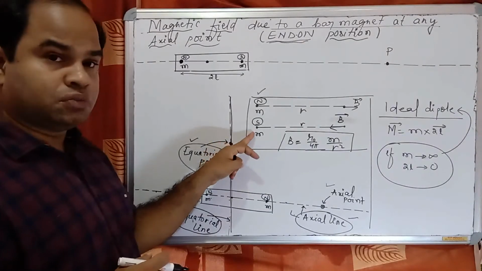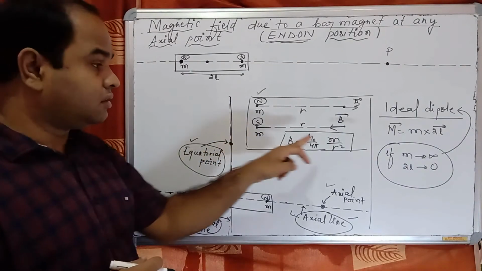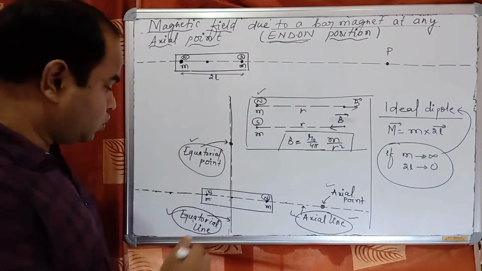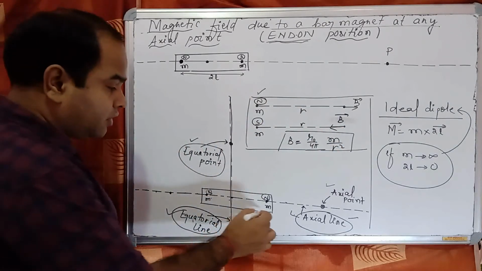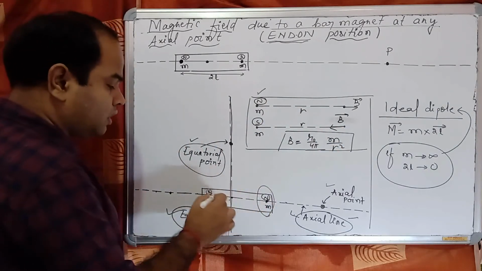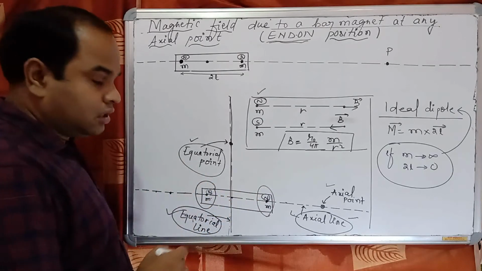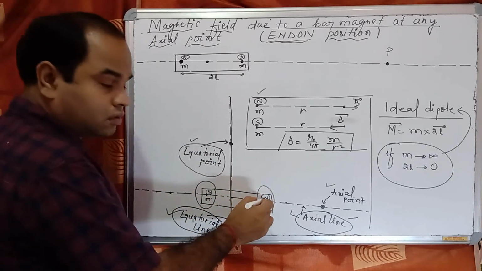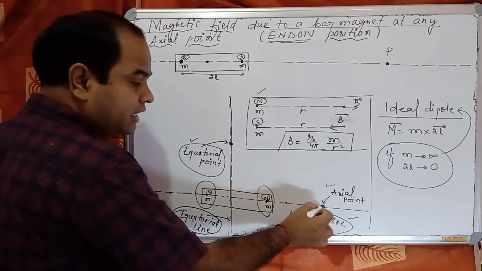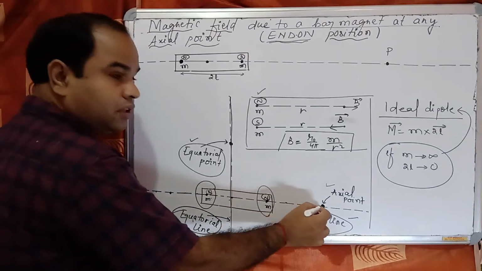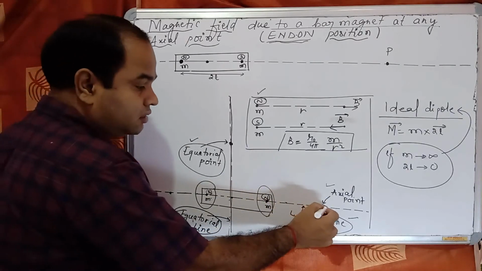If there is a south pole, it will produce a magnetic field that is inward in nature. So in this bar magnet we have two poles, north and south. The north pole will produce a magnetic field at this point that is outward in nature.